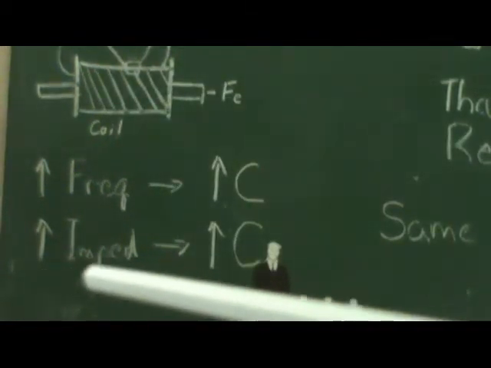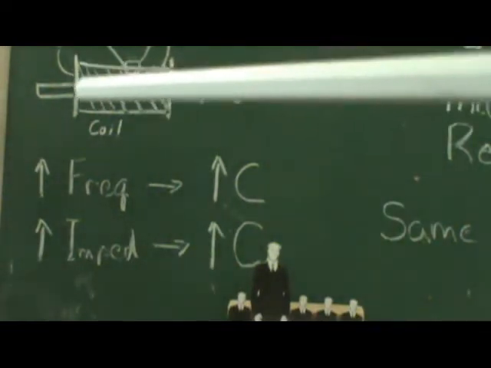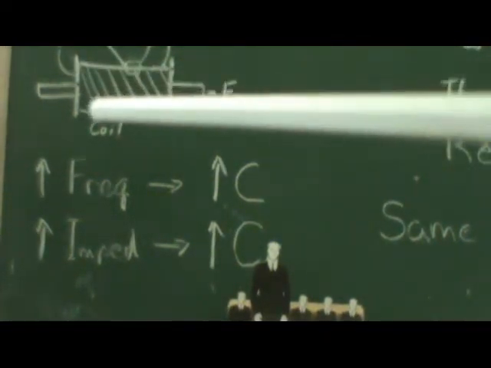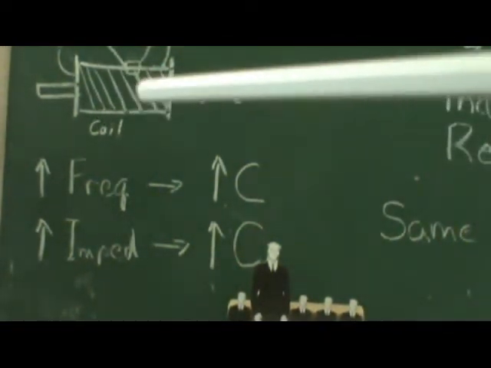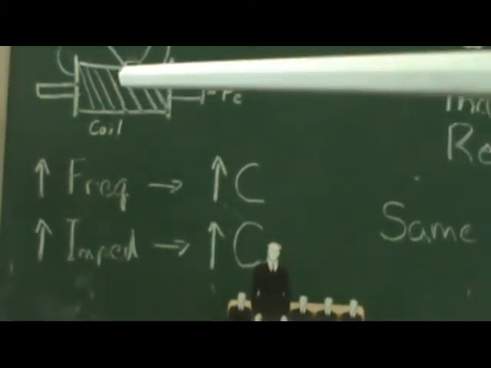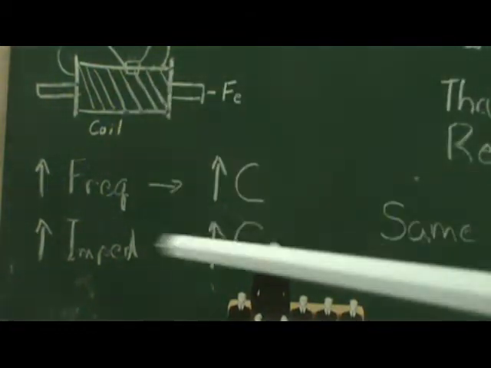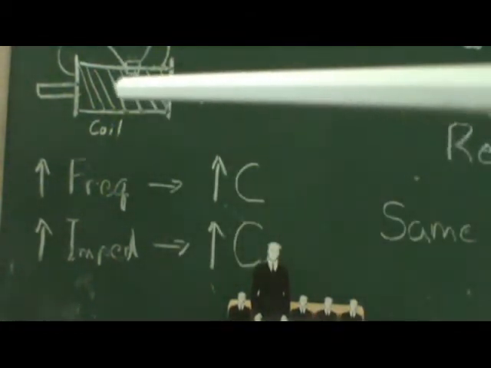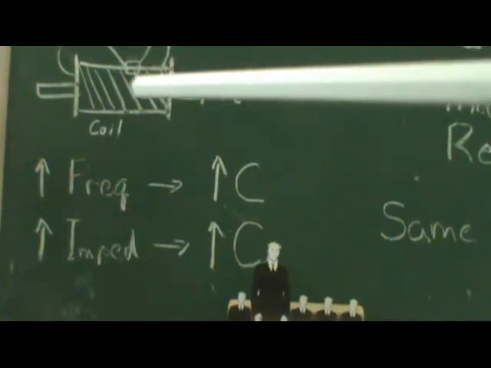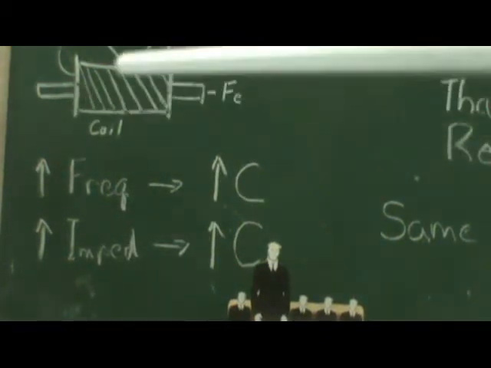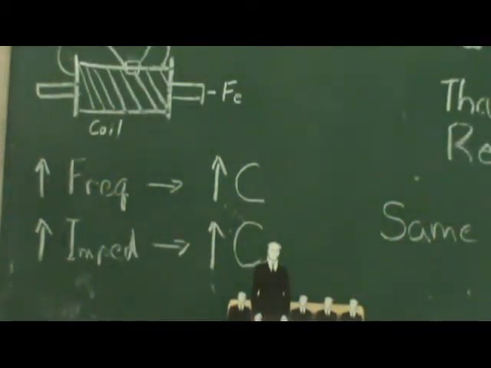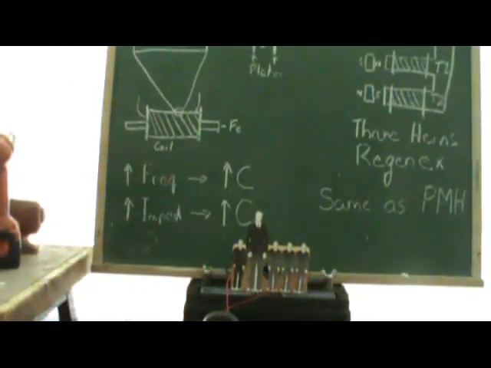Also, if we increase the impedance, or analogously saying the resistance, sort of. So if we increase the impedance of the coil, then also we increase the capacitance, right? Because of more impedance, there's going to be, again, a higher potential difference between the wires, and it's going to increase the capacitance. Basically, in a nutshell, that's what delayed Lenz is.